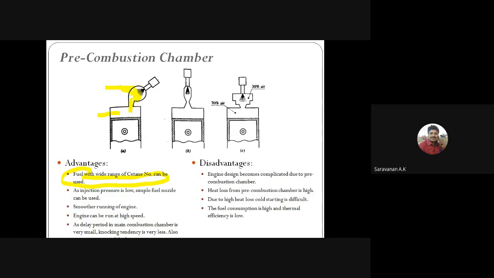Due to the high heat loss, cold starting is very difficult here. Then the fuel consumption is very high and the thermal efficiency is somewhat low in this type of pre-combustion chamber.